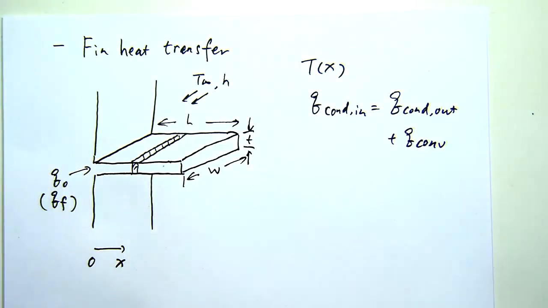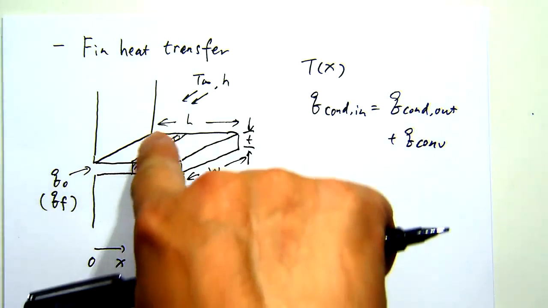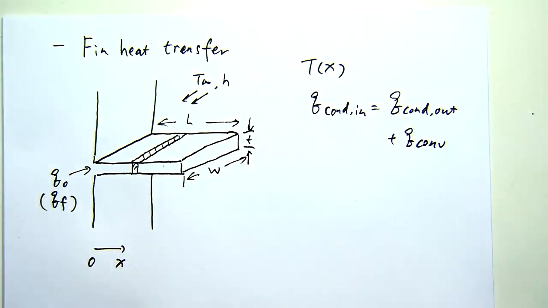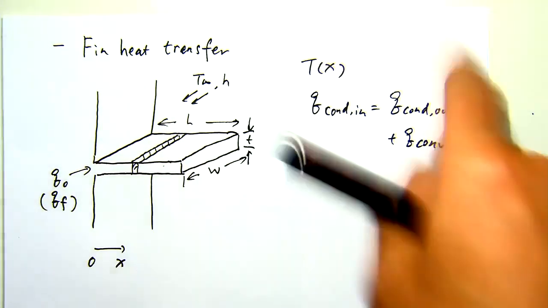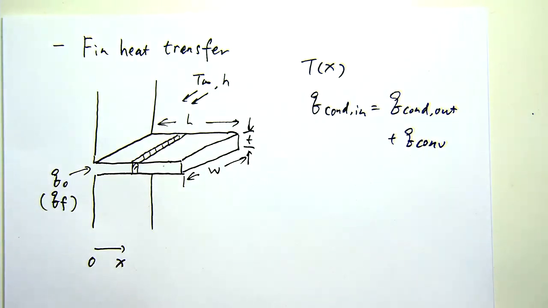So the energy balance we applied on this differential control volume is that the heat comes in as conduction and leaves the same surface area as conduction, but at the same time it is lost through the surface of the control volume as convection.